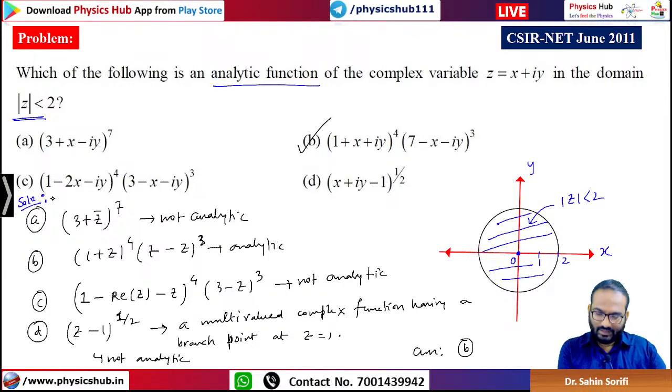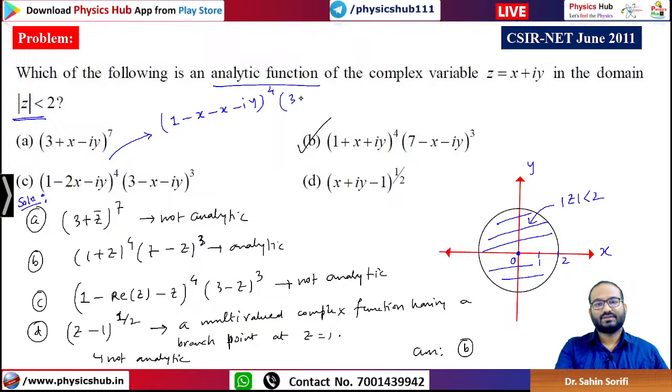Now there is something called harmonic function. What is a harmonic function? Harmonic functions are those functions which satisfy Laplace's equation. Option C: you can write 1 minus 2x as minus x minus x minus iy. Can you write it? 3 minus (x minus iy) cube.